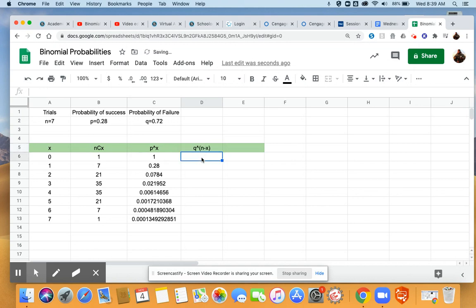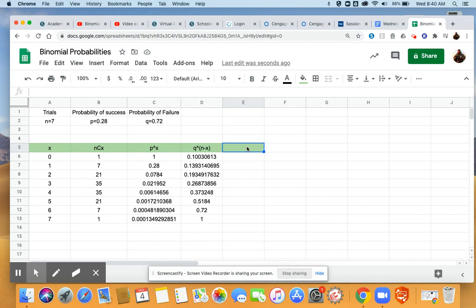So very quickly here, equals q, 0.72, raised to the parenthesis 7 minus x, and hit enter, and then we'll drag that down. So now we have the 3 parts of our binomial probability equation.